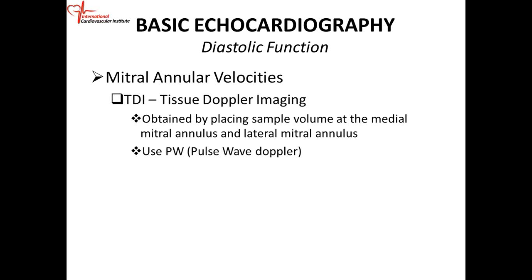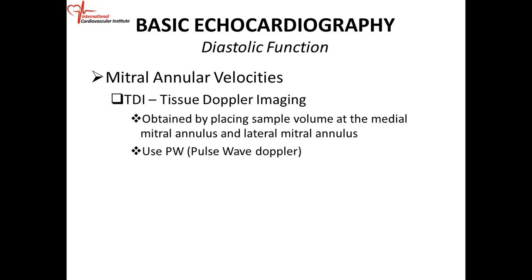Tissue Doppler imaging is a pulse wave Doppler. The only difference is that the velocity is very small, so we describe it in centimeters per second. Remember, for the mitral inflow E velocity, it is meters per second, but with tissue Doppler imaging it's centimeters per second. Still pulse wave Doppler, though.